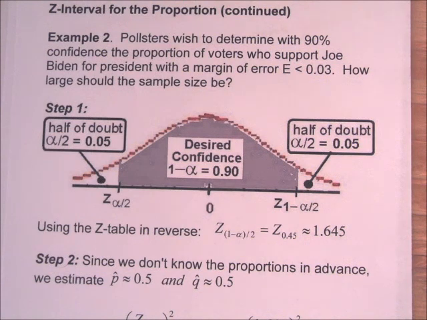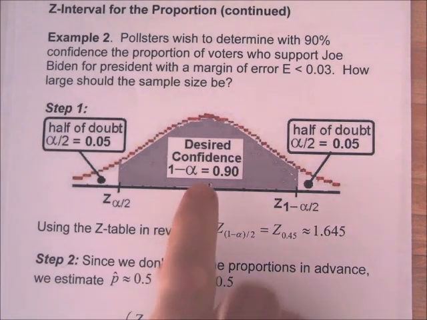In this example, pollsters wish to determine with 90% confidence the proportion of voters who support Biden for president with a margin of error of less than 0.03. How large should the sample size be?